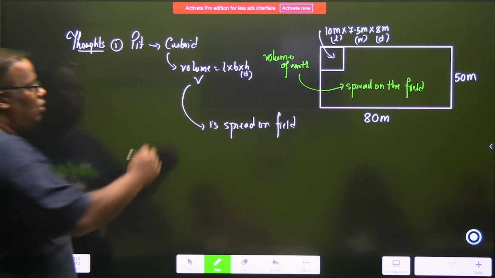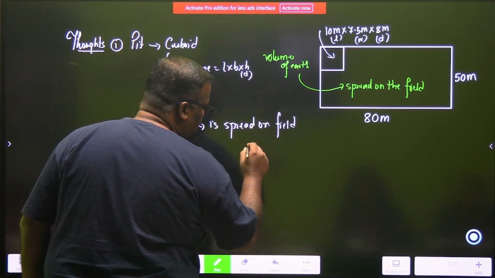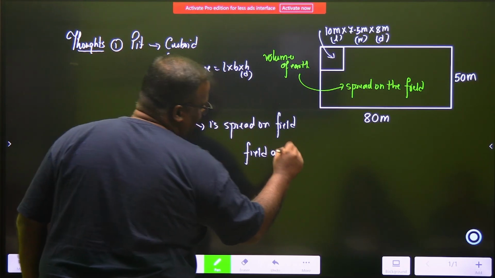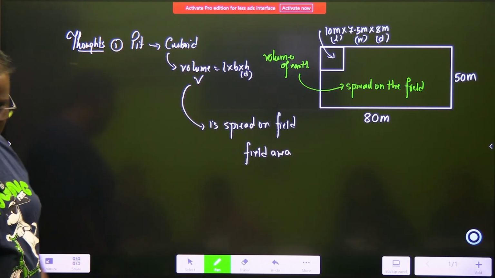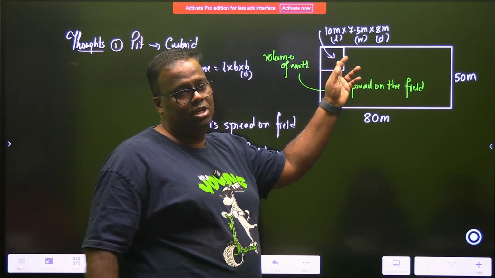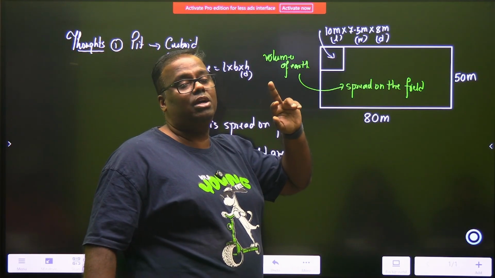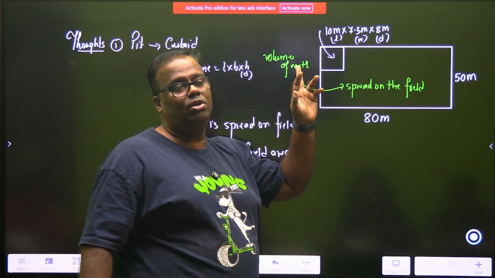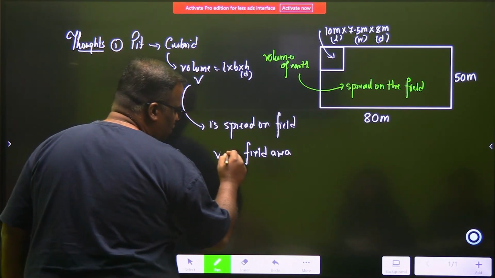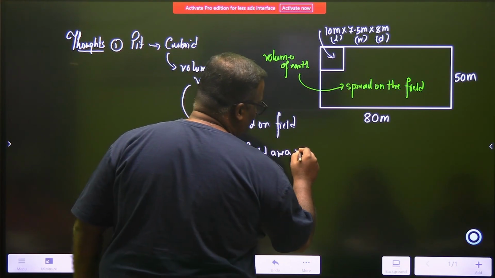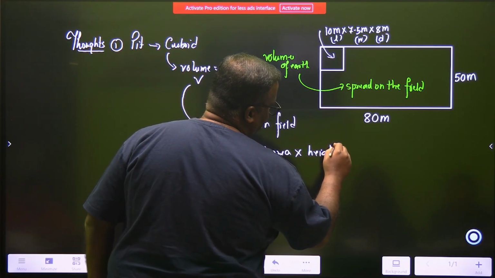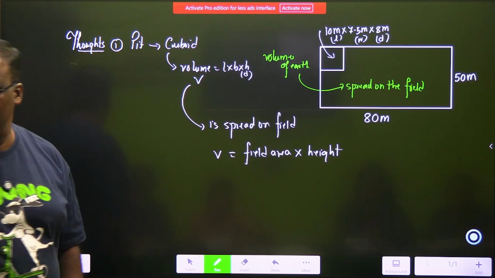When it is on the field, it should be equal to the area of the field, on the remaining part. They can't spread it where the pit is dug on one corner of the field. So this volume V which you dug out should be equal to the field area multiplied by the height.